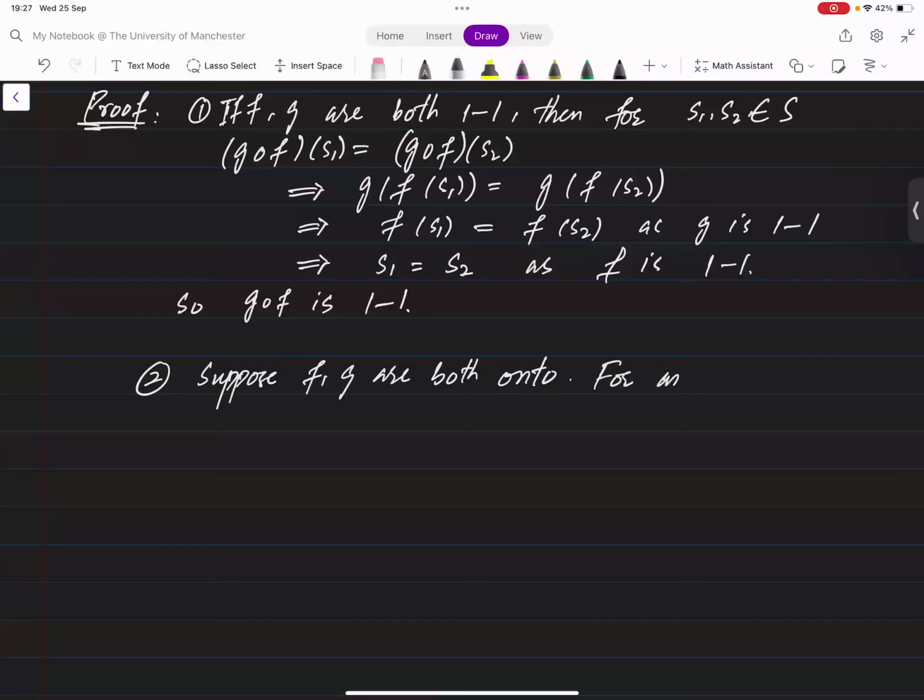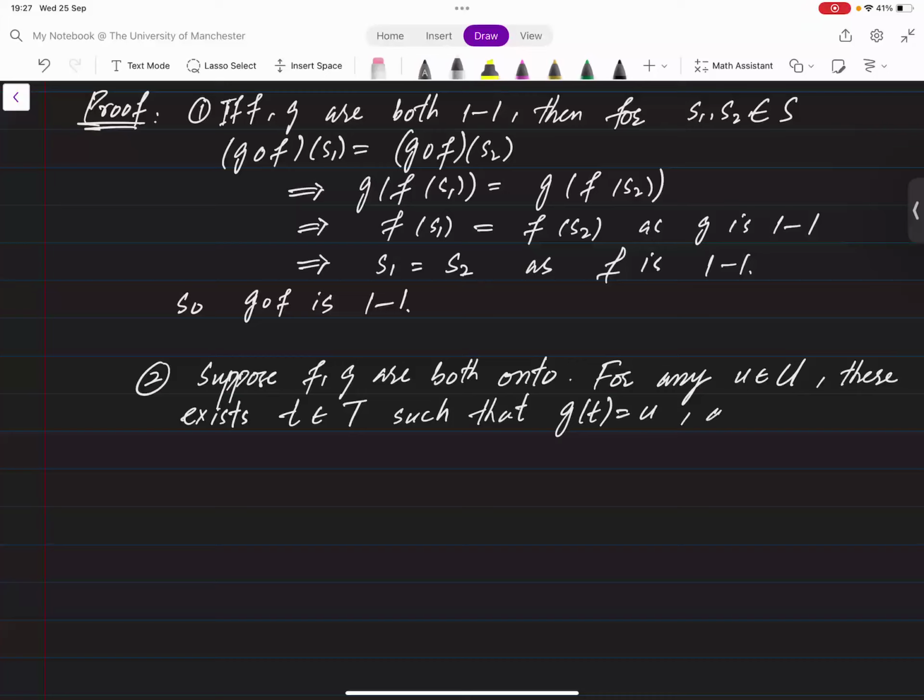Then for any u in U, there exists some t in T such that g of t is u, as g is onto, and there exists some s in S such that f of s is t, as f is onto.